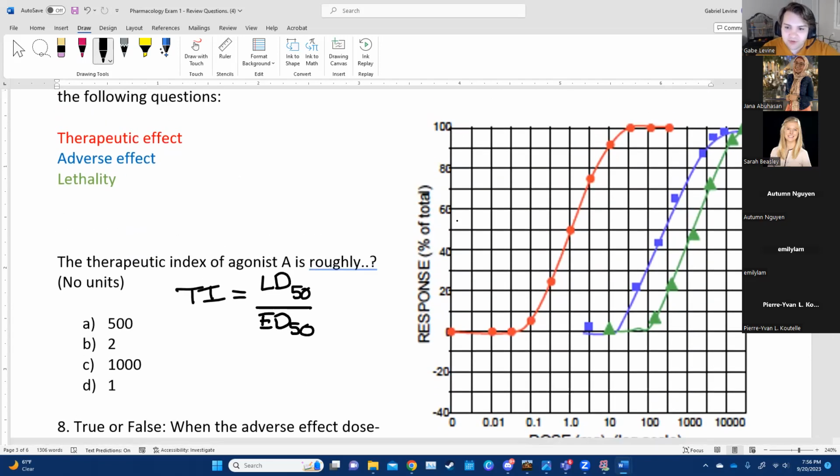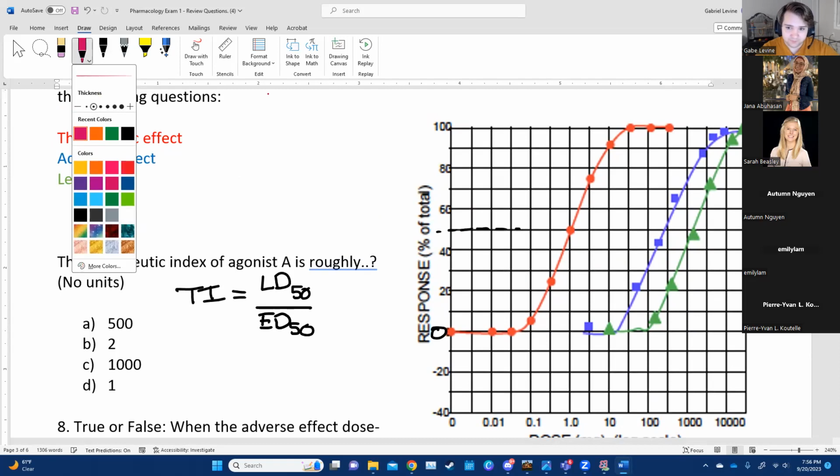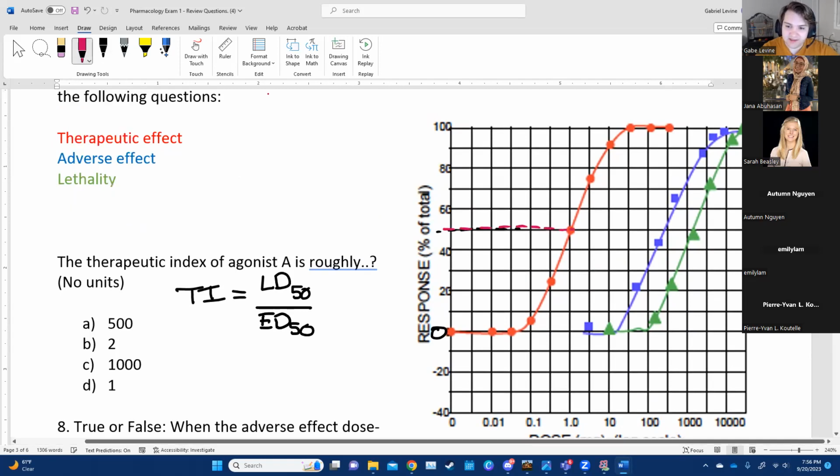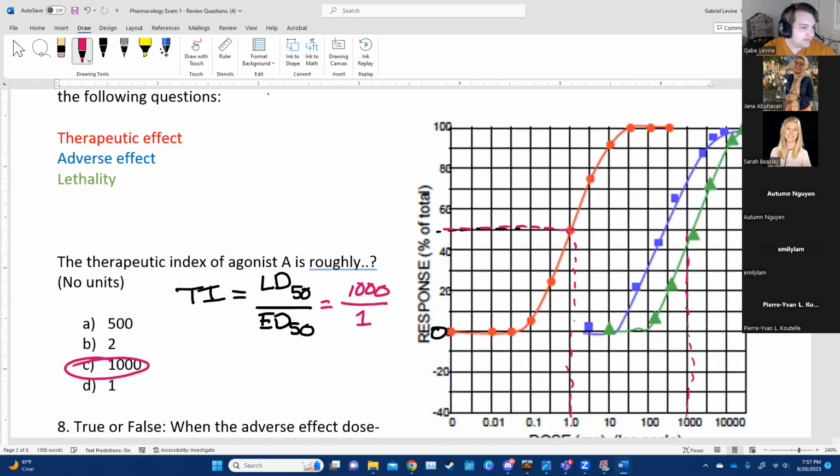So looking at the therapeutic effect in red, we see that the lowest response is 0, the highest response is 100. So around 50%, we would get the ED50, and we see that that would correspond to 1 milligram. So this would be 1, and the lowest response of the lethality index is 0, highest is 100, and we see that this dose corresponds to about 1,000. So 1,000 divided by 1 is 1,000.